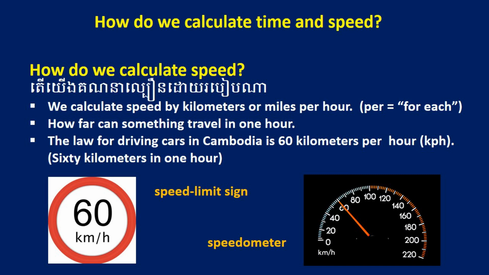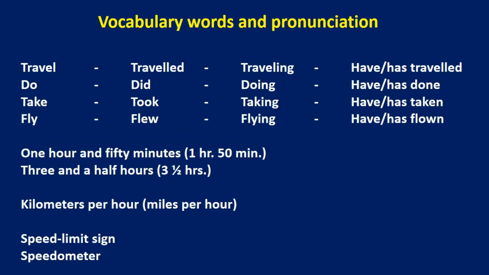Okay, look at the vocabulary words and pronunciation. Remember, pronounce the sound of the final S and pronounce the sound of the other final consonants. Say this after me. Travel, traveled, traveling, have traveled.